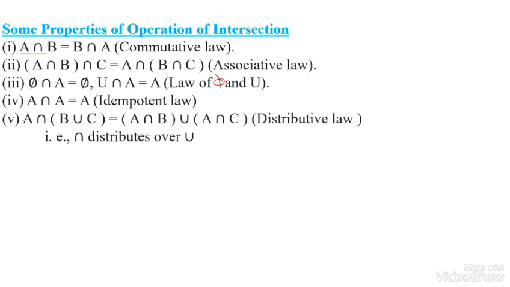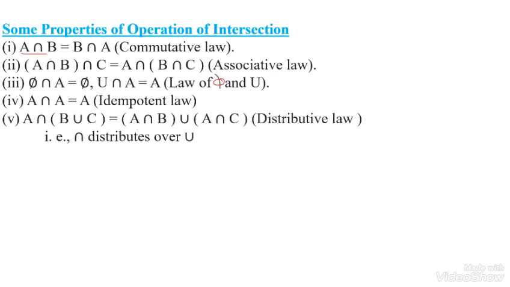Then the fifth law is the distributive law. Here A intersection of B union C is equal to A intersection B union A intersection C. This is the distributive law, or it can be read as intersection distributes over union.